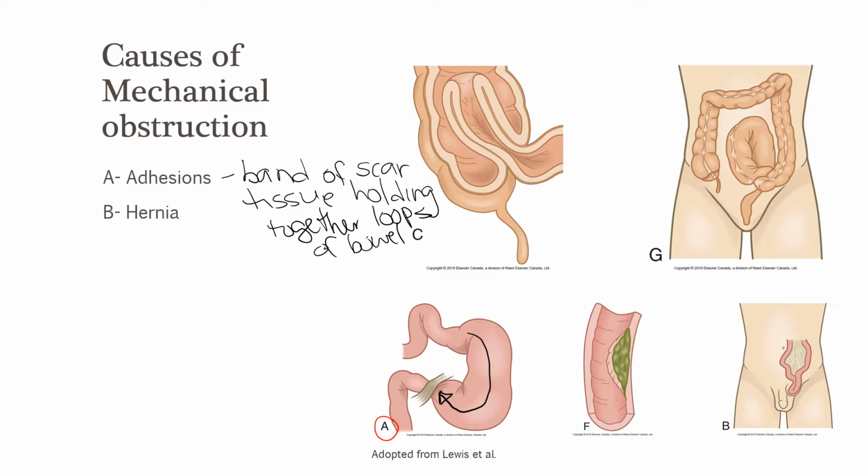B, which is looking right over here, this is a hernia. And so this is a male patient, and often what it is really, a hernia is where the intestine pretty much gets through the inguinal canal and it's kind of stuck there, again causing an obstruction, because as the content of the GI tract is trying to get through, then it's blocked or it's kind of cut off where it's trapped in that inguinal canal.